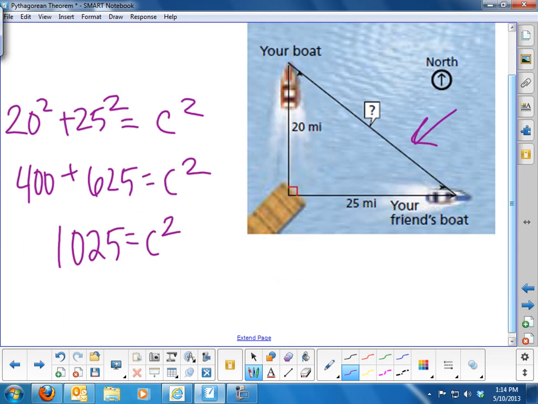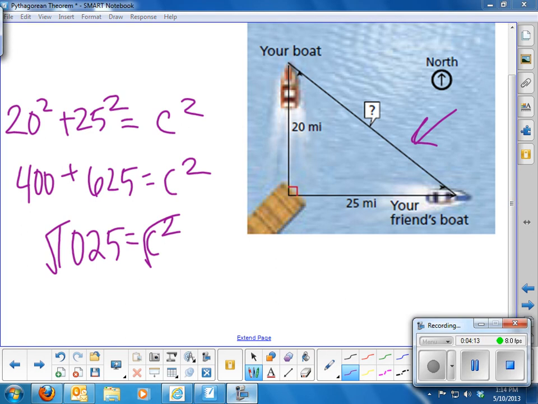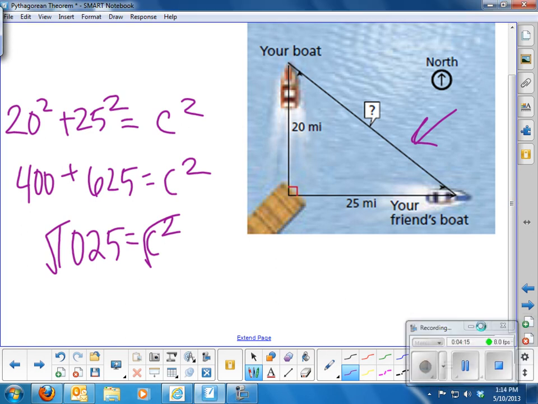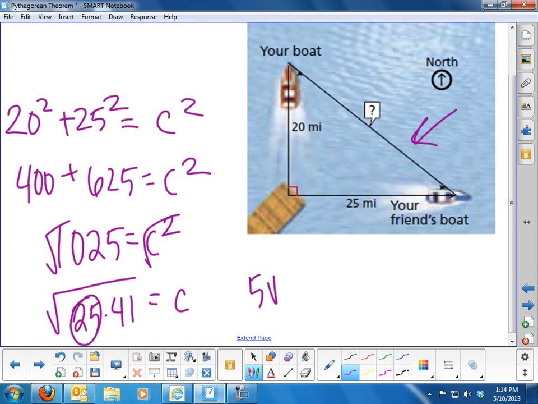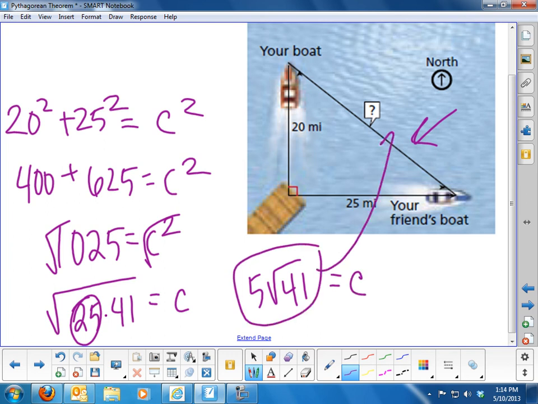Now I take the square root of each side, and I'm looking for how I can simplify the square root of 1025. Okay, so I can simplify this to the square root of 25 times 41 is equal to c. Now, square root of 25 is my perfect square, so I get 5 square roots of 41 is equal to my distance right there, c. I could label that miles just to be doing good.